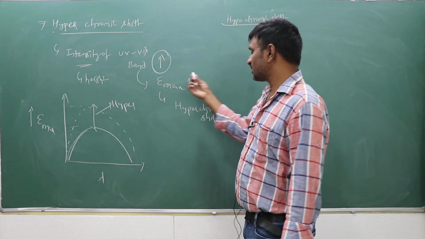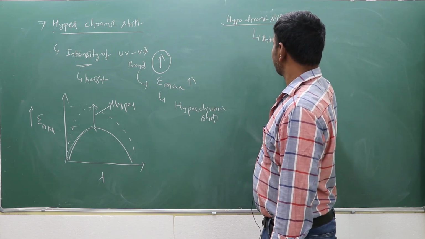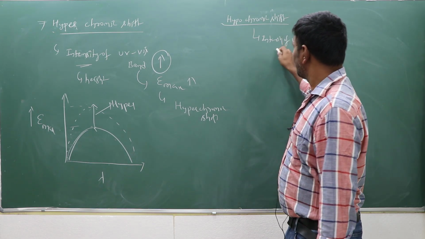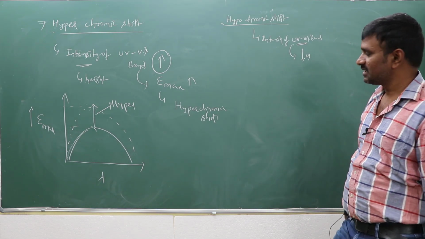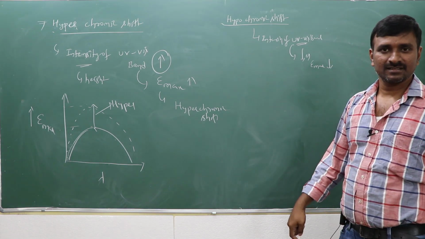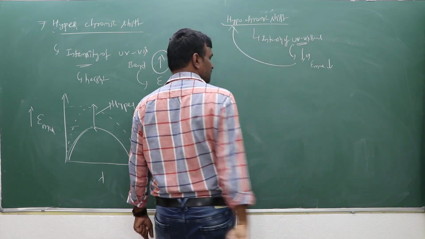What is that? It is also related to the intensity of the UV visible band. If the intensity decreases, that is, the epsilon maximum decreases, that shift is called the hypochromic shift.